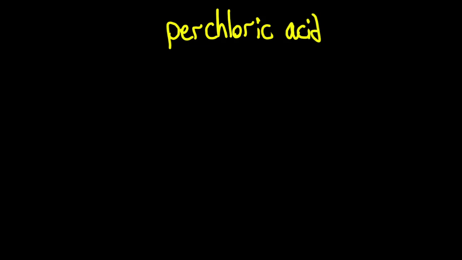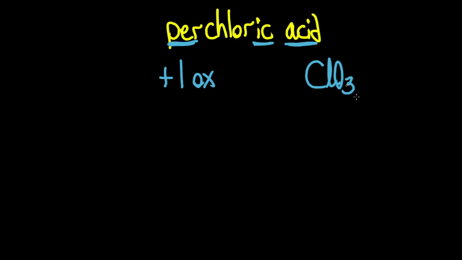All right. So what I can do is I look at my ending. I also look at my prefix over here, perchloric acid. So that means that I'm going to have +1 oxygen over my base state. I said earlier that ClO3 was my base.